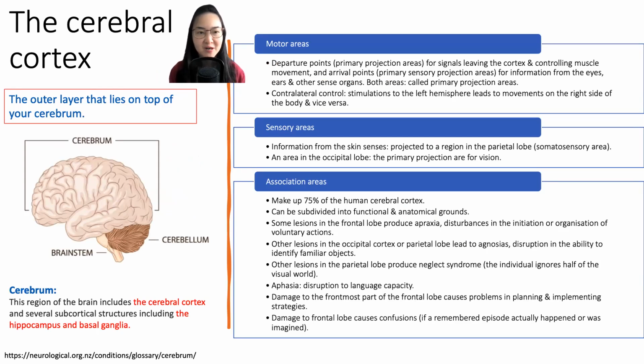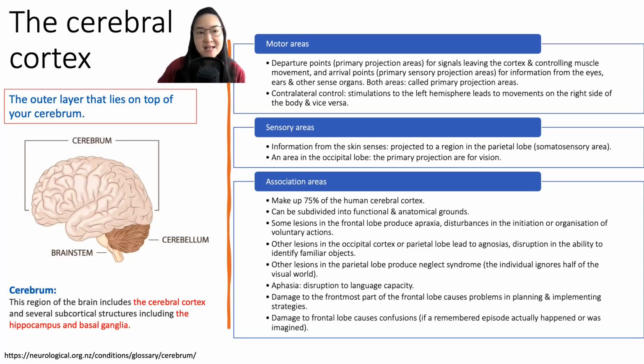On the top part, you see the cerebrum, the brainstem, and the cerebellum. The cerebrum region of the brain includes the cerebral cortex and several subcortical structures, including the hippocampus and basal ganglia. Hopefully, the picture helps you understand more about the cerebrum and the cerebral cortex.